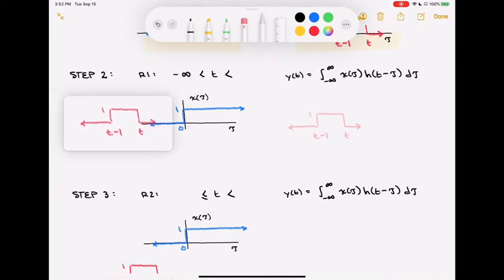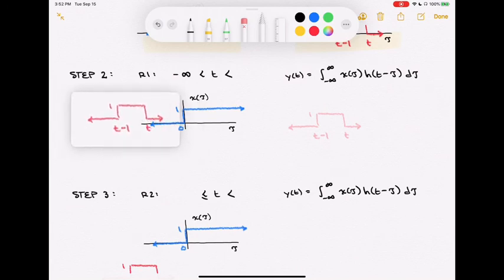If you look at how h(t minus tau) and x(tau) interact at that orientation, for any of these values of t, as I move h(t minus tau) to the left of x(tau), the product of these two has a very particular form. It's going to be 0 everywhere. If I had a t here, the product is 0. If I had a t way back over here, it's 0. As t moves from minus infinity across all these different values, the product of x(tau) times h(t minus tau) is 0.